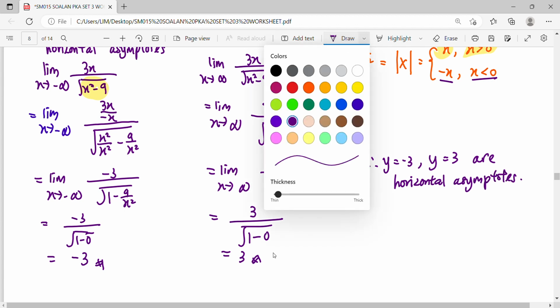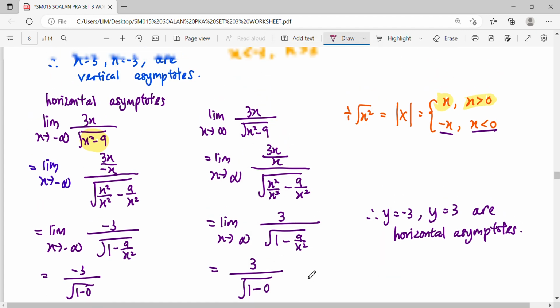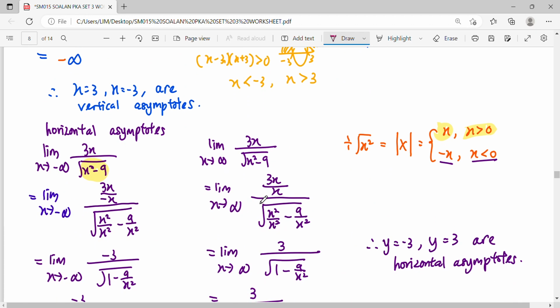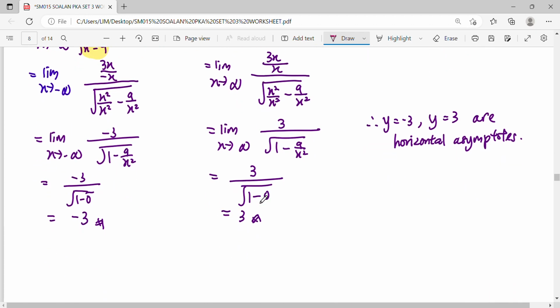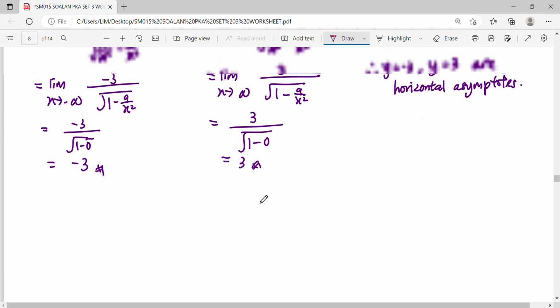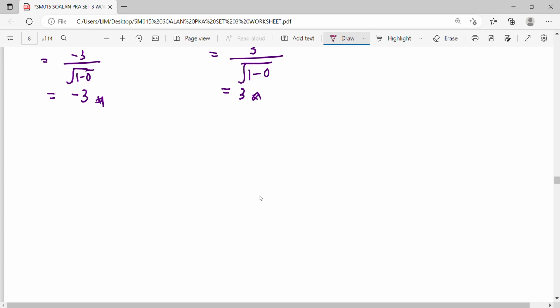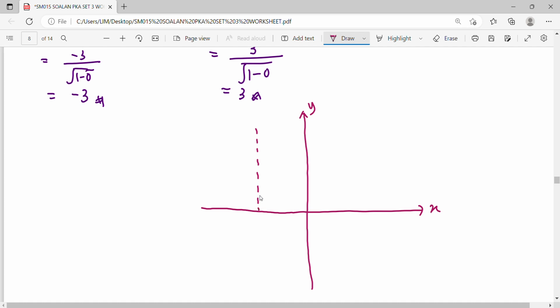Then last step, we look at the question. We're going to sketch the graph with the results we have here. You know your asymptotes already, so we jot them down. You have your vertical asymptotes at x equals negative 3 and x equals positive 3.